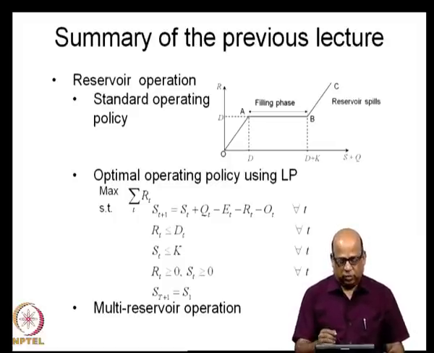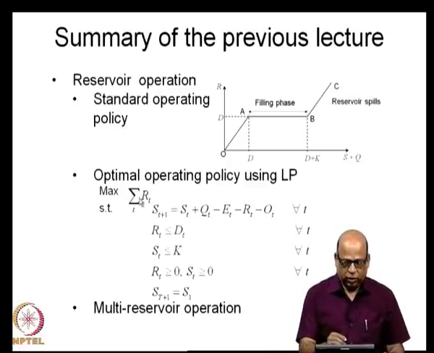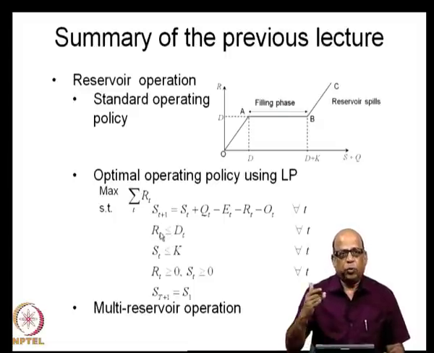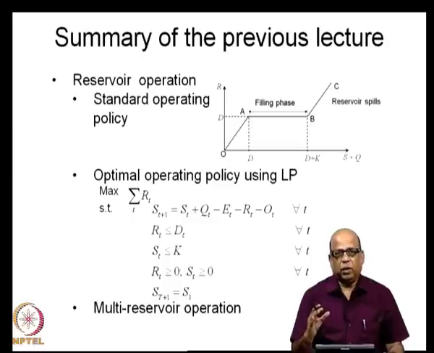The simplest form that we discussed was the linear programming problem formulation, where we are looking at maximization of the releases RT over all the time periods, which essentially means maximizing the sum of the releases during all the time periods, subject to all the standard constraints. This is the continuity equation, and then we set RT less than or equal to DT. Because we are maximizing RT, you put an upper limit to make sure that RT approaches that upper limit. And what is the upper limit? The upper limit is the demand itself.